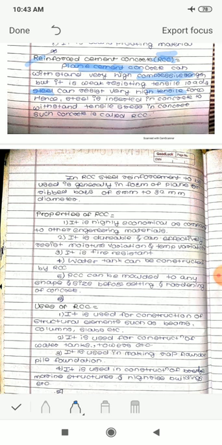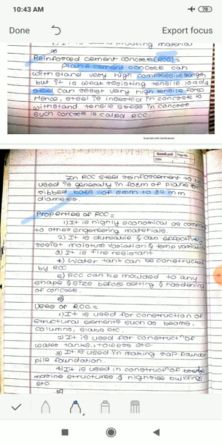RCC bars of diameter 6 mm to 32 mm are used for construction purposes.